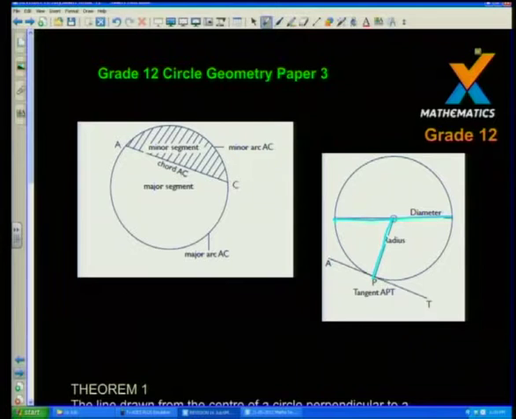Then, another thing that we need to know is that any line going from one side to the other is called a chord. Many people call it a chord, but that's just badly pronounced. It's a chord, and a diameter is a special case of a chord. It just goes through the center of the circle.